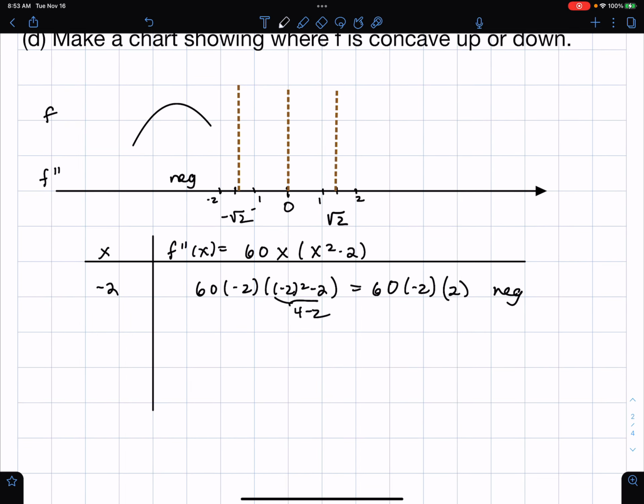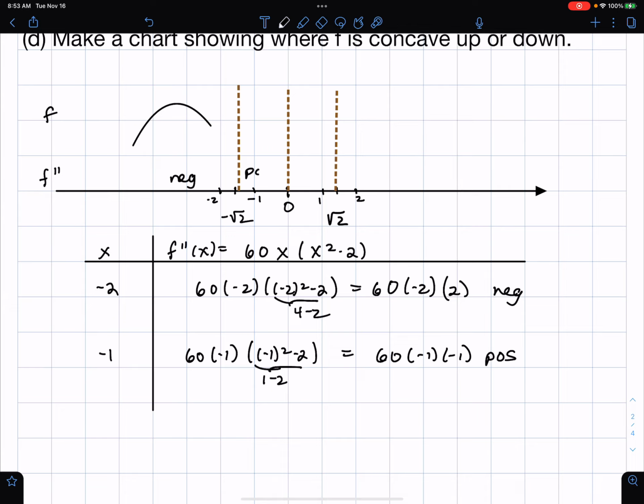Then I'll pick a point from the next interval, so I'll look at negative 1 here. Someone would say, well, this is tedious, and I'd say, yeah, that's definitely true. So 60 times negative 1 times negative 1 is positive because I have 2 negatives there, and so f is concave up.